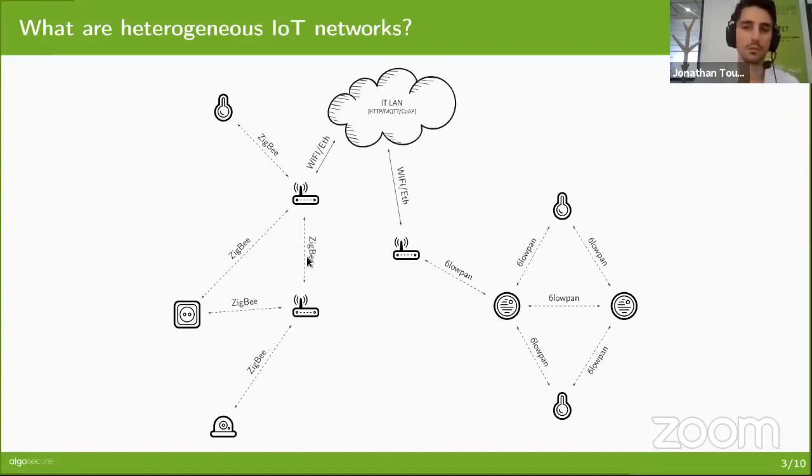One uses the ZigBee protocol and the BLE protocol, and the other uses the 6LoWPAN protocol and the BLE protocol. So I deployed BLE communications between the two routers, and I developed some applications to ensure that objects from the ZigBee network can communicate with objects from the 6LoWPAN network.